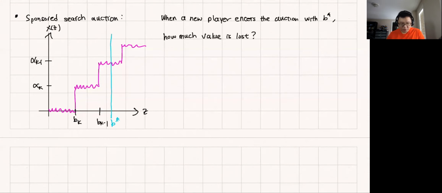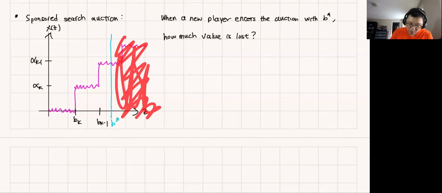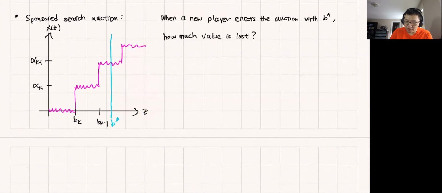If you look at the ranking of all the bids from B1 all the way down to BK, any player that bids above B star doesn't change anything, so without B star and with B star, because B star is less than anything above, the allocations for anything above do not change, so they get the same value.